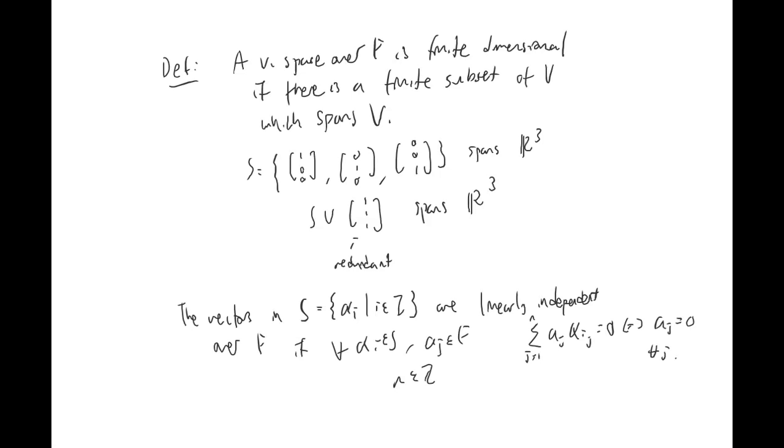Yeah. So you see here, I can get 0 without all coefficients being 0 in this set, because suppose a(1,0,0) plus b(0,1,0) plus c(0,0,1) plus d(1,1,1) equals 0.